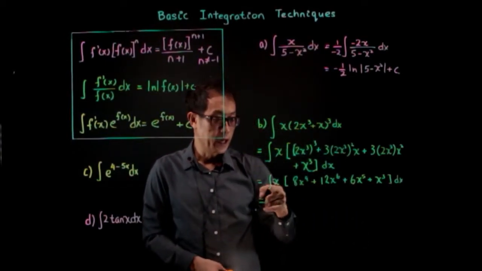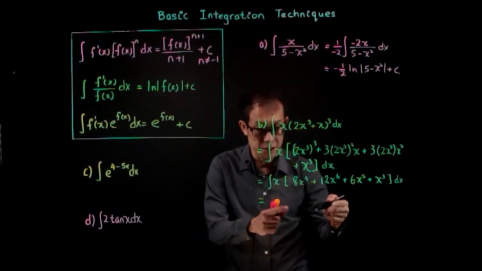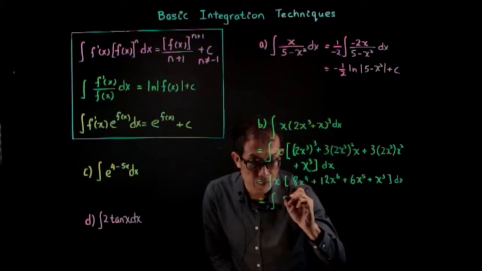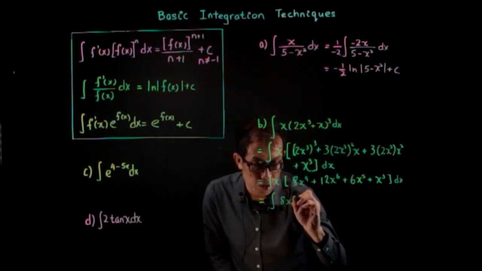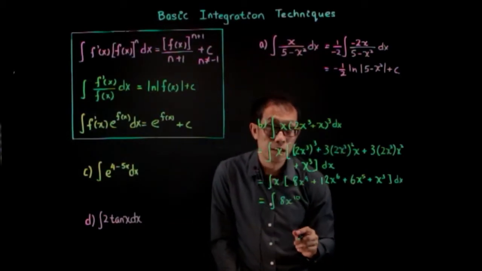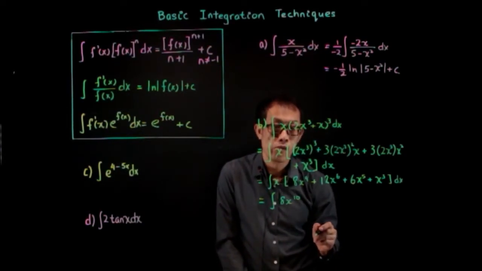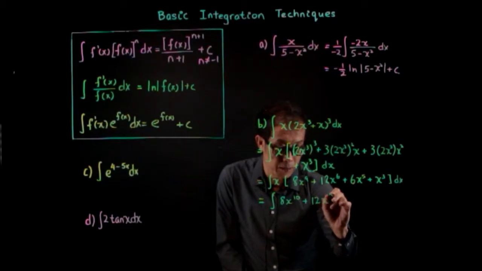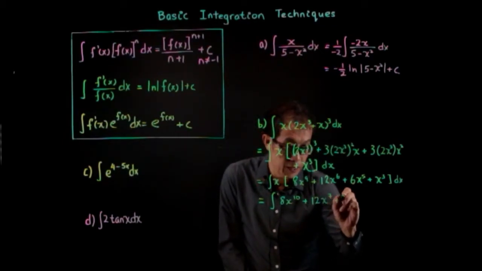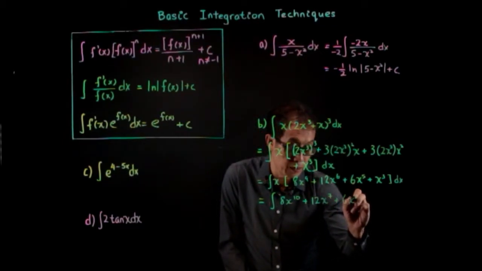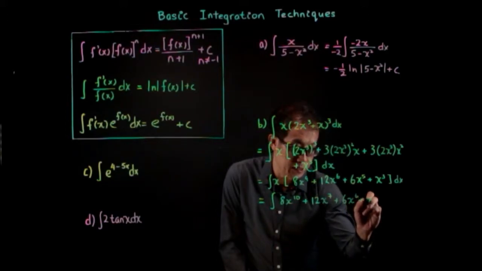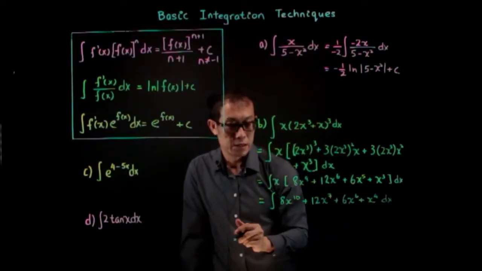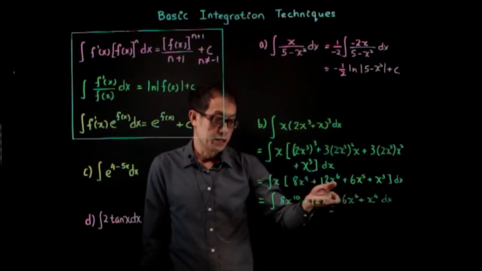Now I multiply x into the expression inside the bracket. I will have the integral of 8x to the power of 10 plus 12x to the power of 7 plus 6x to the power of 6 plus x to the power of 4 dx. Now this is a direct integration.